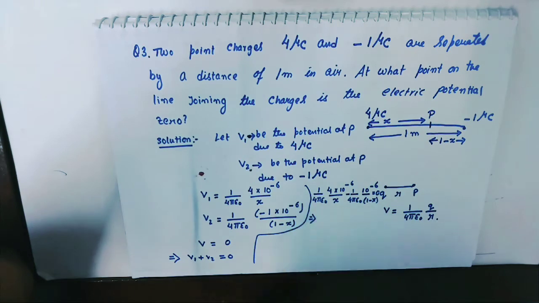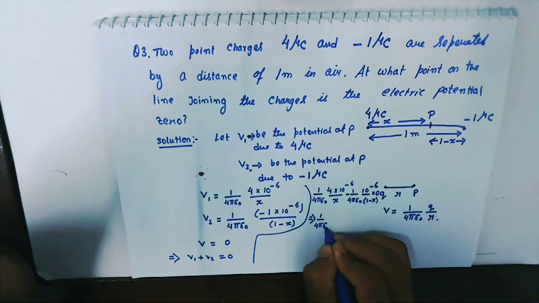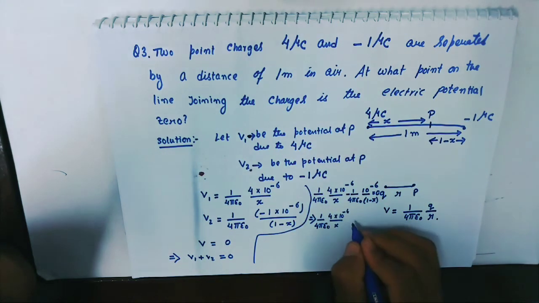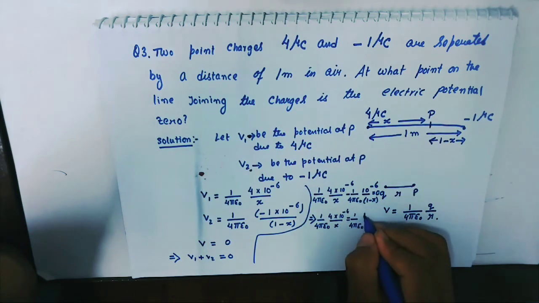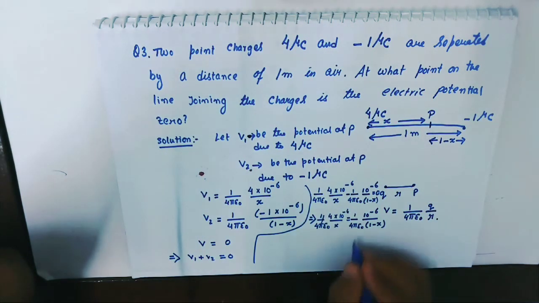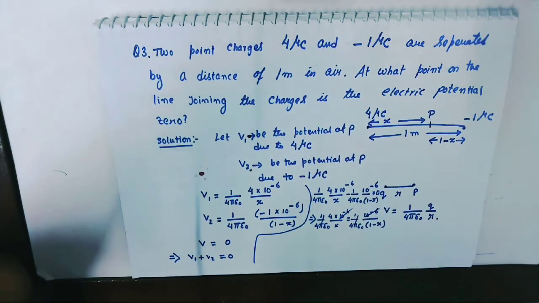So this implies that 1 by 4 pi epsilon naught, 4 into 10 to the power minus 6 divided by x, is equal to 1 by 4 pi epsilon naught, then 10 to the power minus 6 divided by 1 minus x. So 1 by 4 pi epsilon naught cancels, and 10 to the power minus 6 cancels.